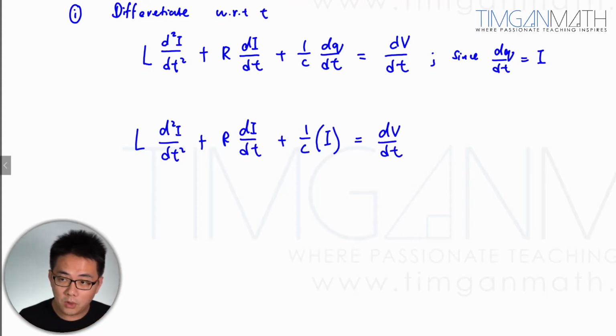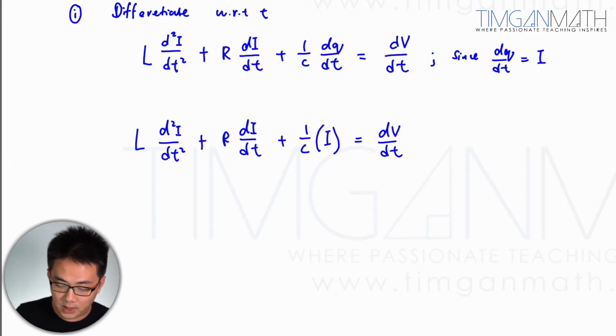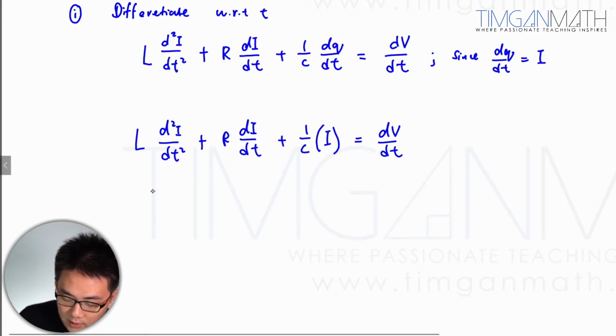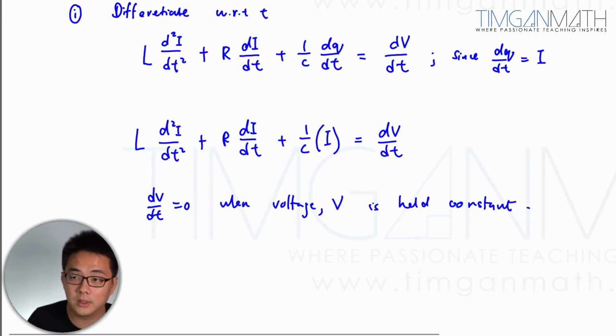Now the question is when would this be 0. Obviously, the right side would be 0 when V is a constant, when the voltage is held constant throughout the power source. In other words, dV over dt equals 0 when the voltage V is held constant throughout the circuit.